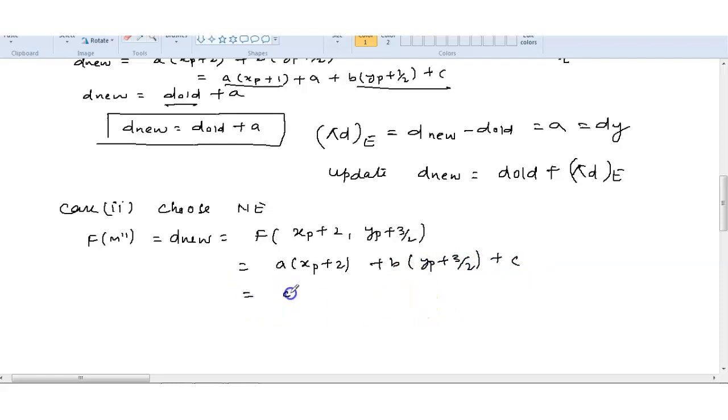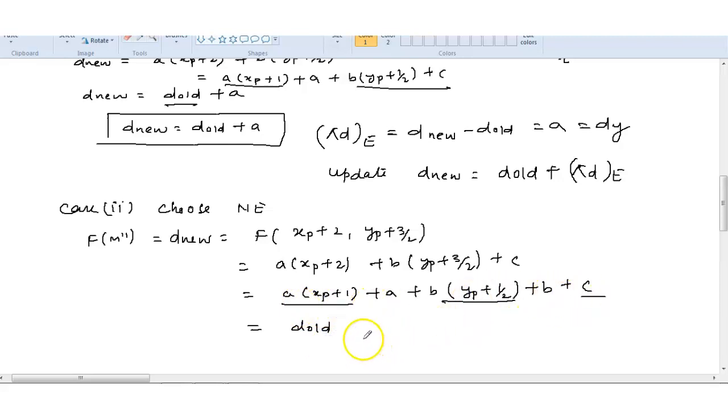So we can write a into xp plus 1 plus a, plus b into yp plus 1 by 2 plus 1 into b, which is b, plus c. This whole term, this one, this and this, is just d old. Combining all three, it is d old plus a plus b. This is the d new we got.